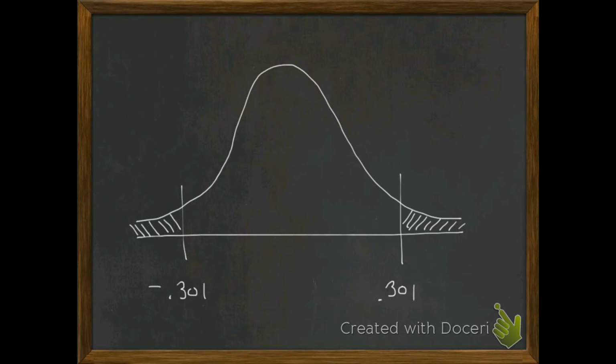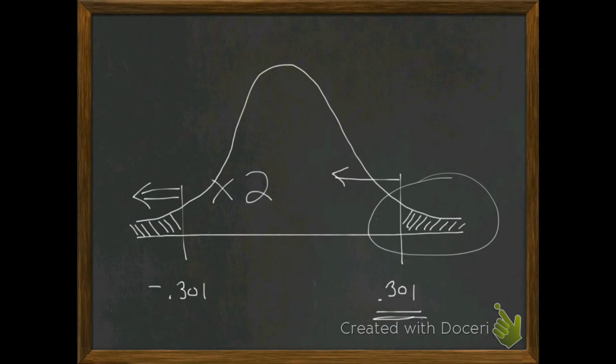Now, the way that the pt function works is whatever value I put in, it gives me the area below. So I don't want to put in the 0.301 because that's going to give me the area here. So it should be pretty clear that if I put in negative 0.301, it's going to give me this area, multiplied by 2 to account for this, and I'll get my p-value.